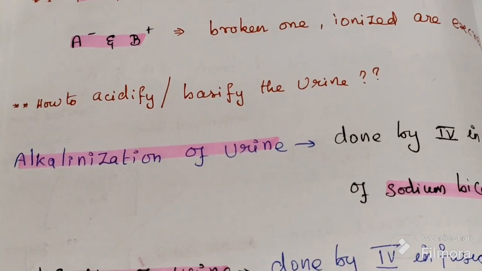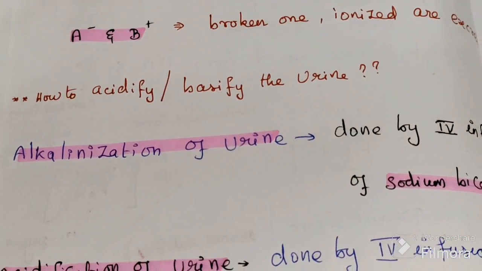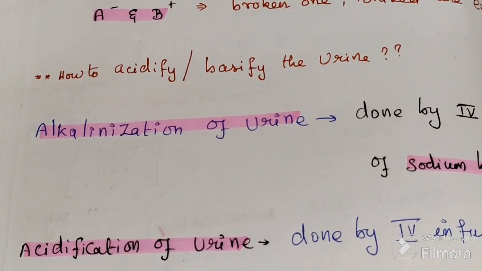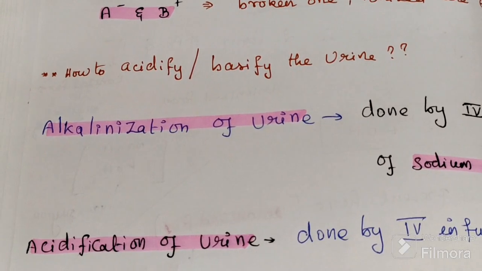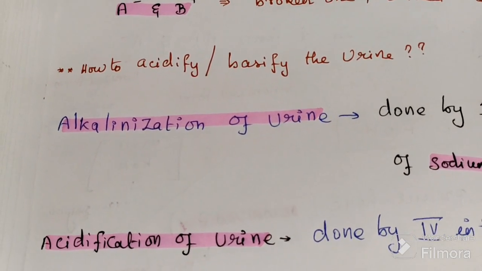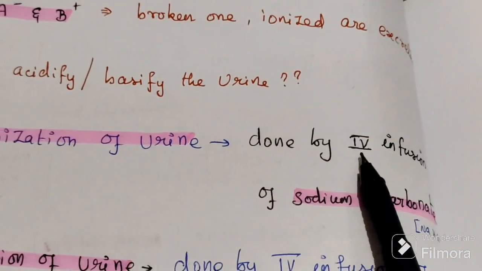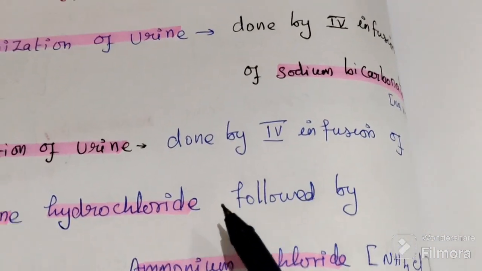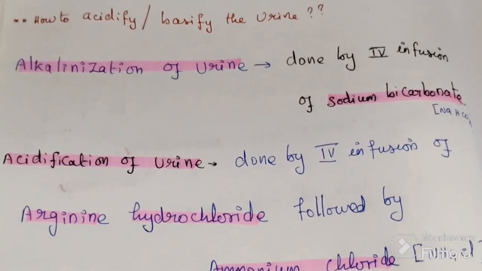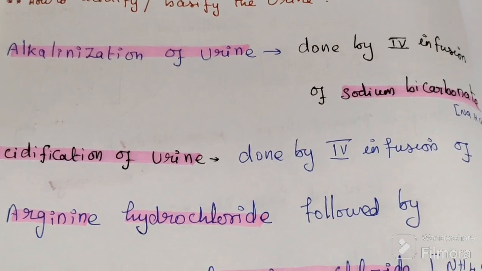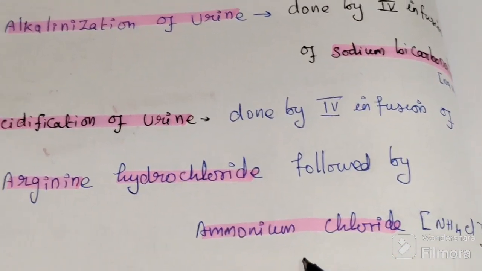Next, how to acidify or basify the urine. If you want to acidify the urine, we will give intravenous drips of arginine hydrochloride followed by ammonium chloride.